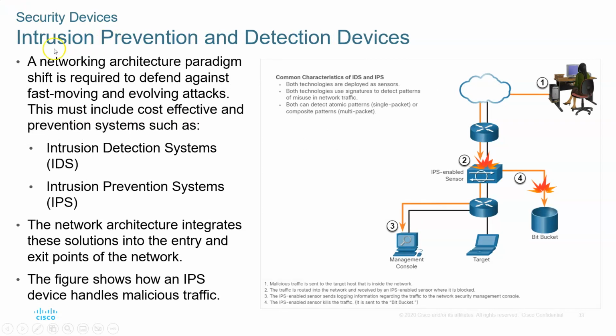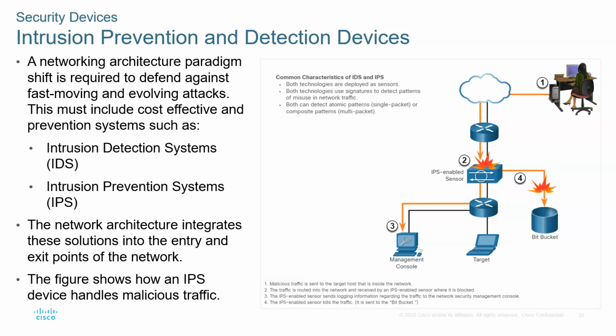There are also devices called IPSs, the intrusion prevention systems, and the IDSs, the intrusion detection systems. What these do is look for signatures of attacks. So they may be legitimate packets that are going, but they are constantly, for example, trying to overwhelm the server by sending it bogus packets.